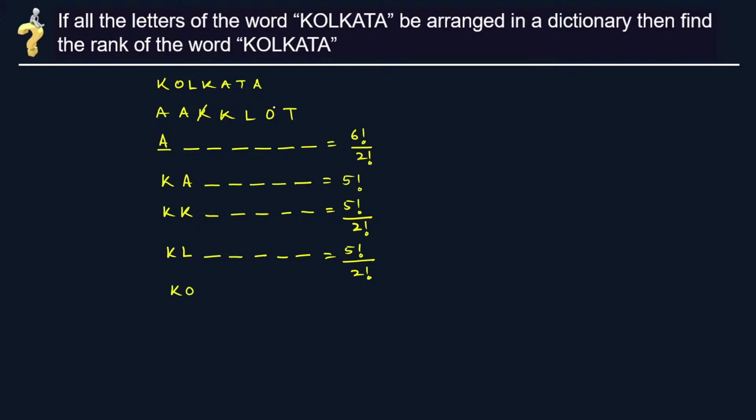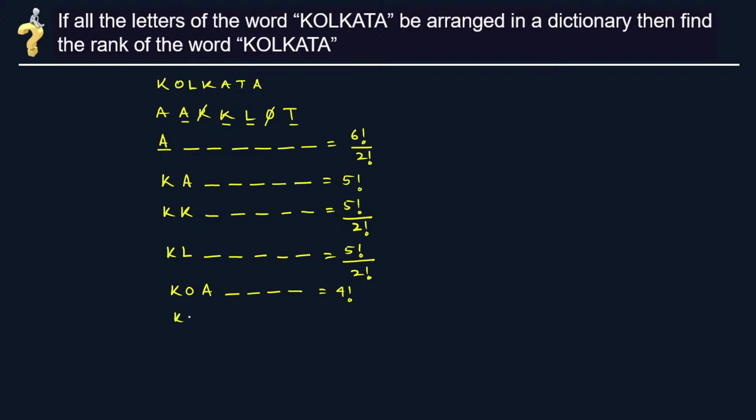So after the words starting with KL, it will start with KO. The moment you get O, again alphabetically it will start with A. Now if it starts with A, we have 4 more places, and we are left with 4 distinct alphabets which are A, K, L and T. So they can arrange among themselves in factorial 4 different ways.